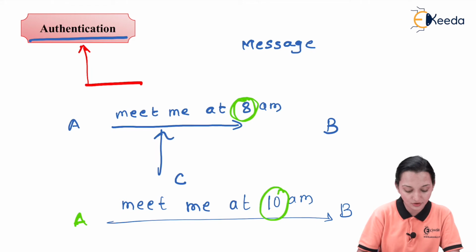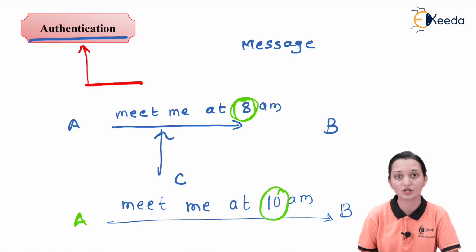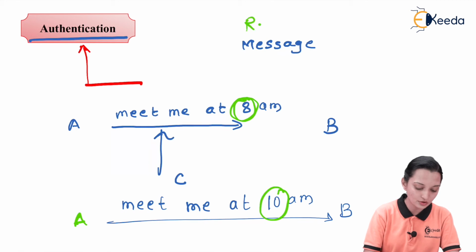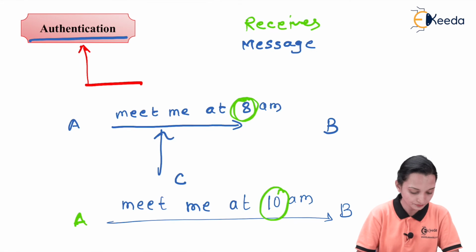So if such a kind of change in the text can be observed by the receiver or the sender, then you can authenticate that message. That means you can verify, you can identify whether the message is correct or not. So authentication of receiver also plays an important role. Similarly, authentication of message also plays an important role. So verification, identification, that means authentication.